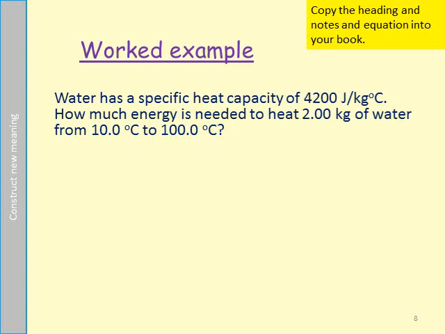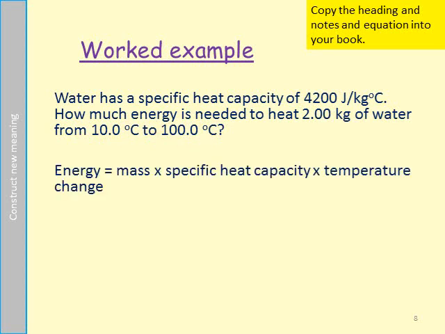It might be an idea to try and remember the specific heat capacity of water, because that's one of the common ones that comes up. So they're asking you how much energy is needed to heat 2 kilograms of water from 10 degrees to 100.